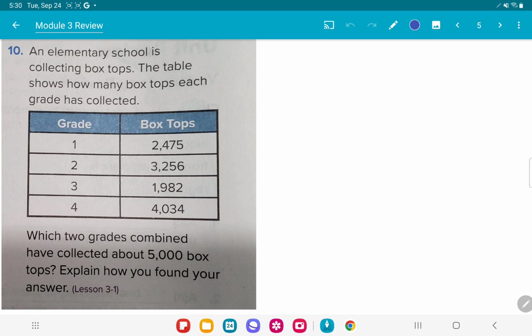And fourth grade collected 4,034. It says, which two grades combined have collected about 5,000 box tops? Explain how you found your answer. Remember, it says about 5,000. We're looking for an estimate, something easy to work with.